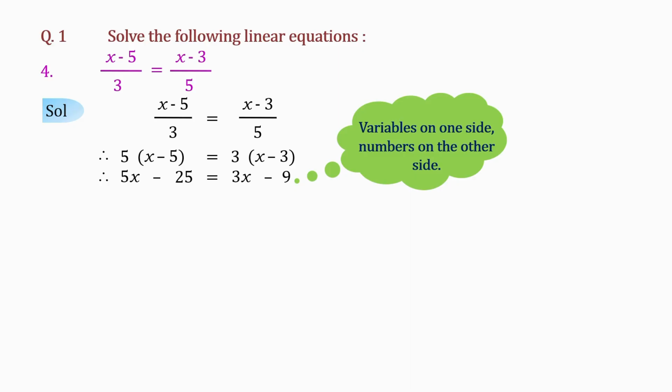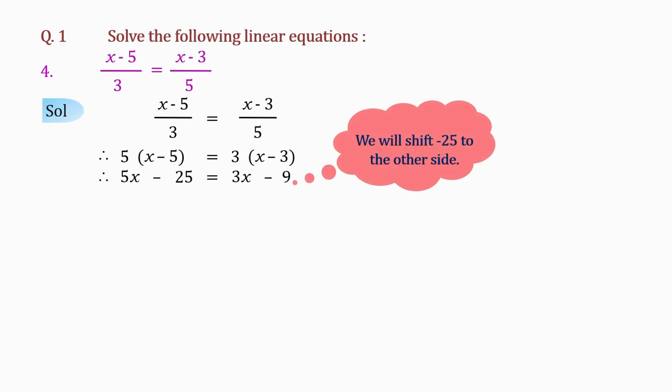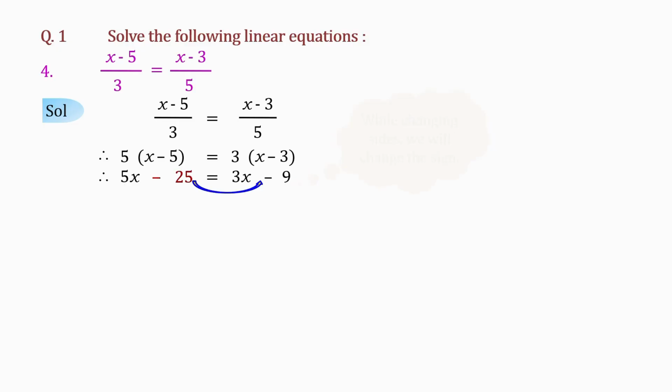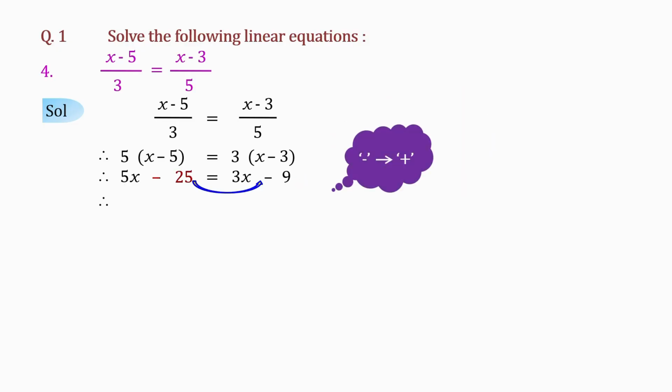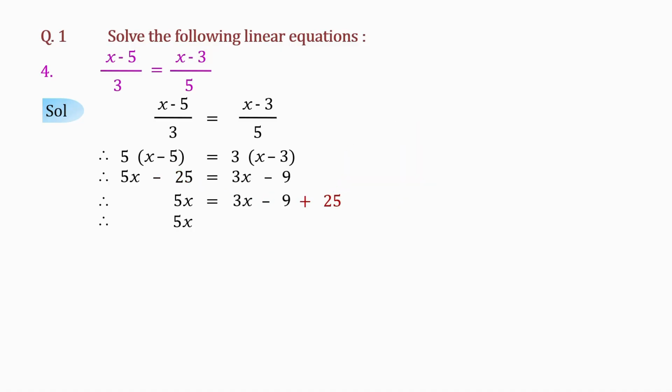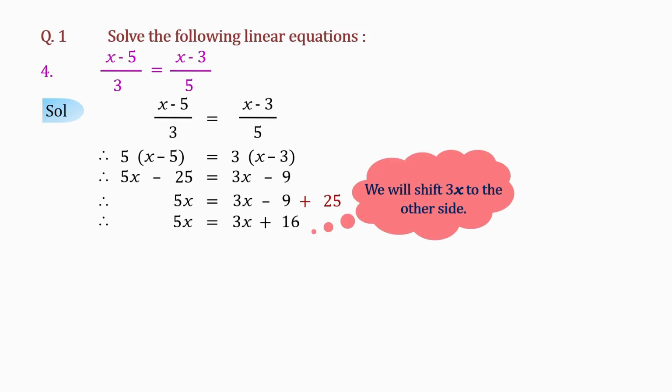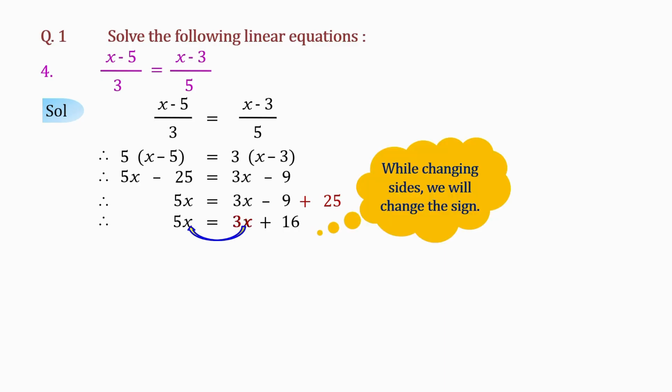Again, variables on one side and numbers on the other side. We are going to shift −25 to the other side, and we'll change the sign. Now we are going to shift 3x to the other side, and we'll change the sign.